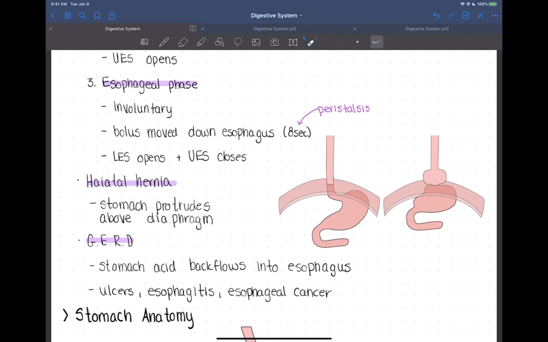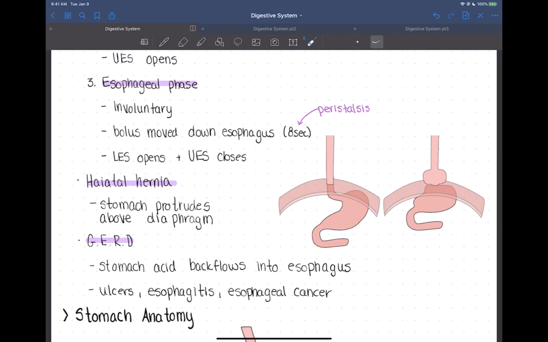And actually sometimes hiatal hernias, depending on how severe they are, how much of the stomach has moved above the diaphragm, if it's not very severe, it can go completely undetected unless maybe the doctor is imaging for some other reason and then they notice it. But in more severe cases, you would see reflux problems and things like that.